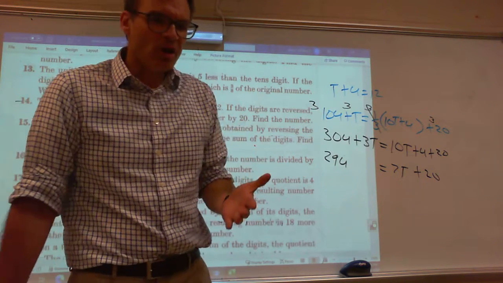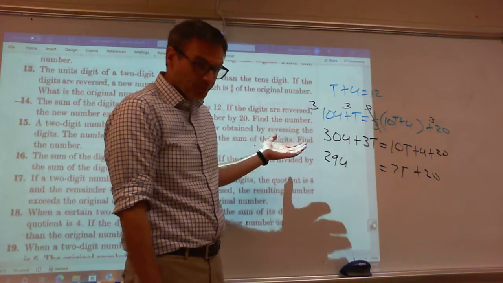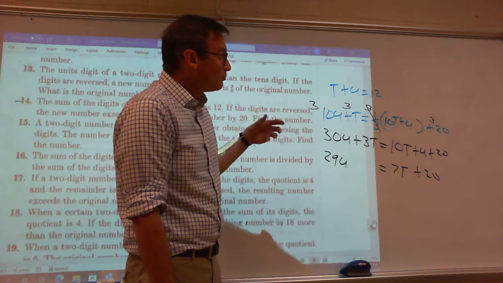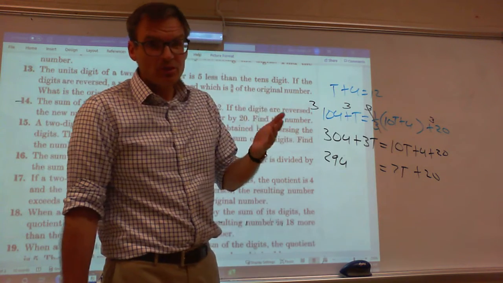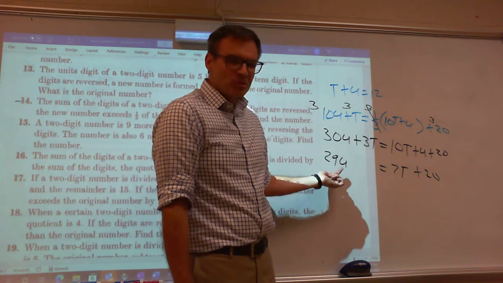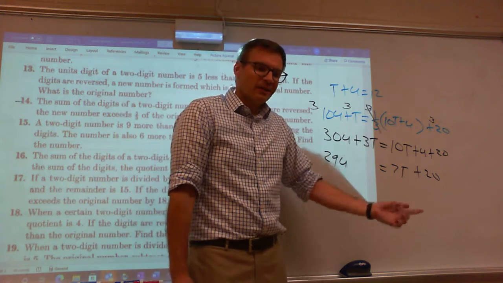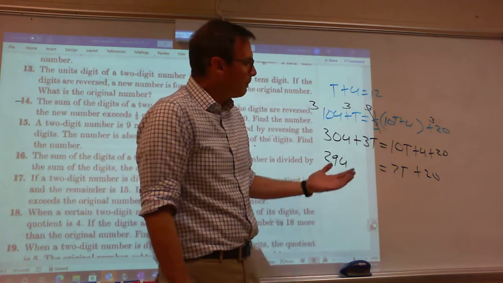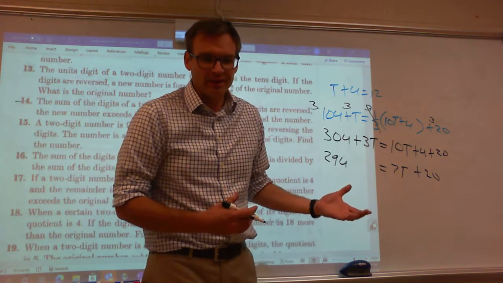So now let's talk about actually going about solving this. I'm going to solve this with substitution. And similar to the example problem, when you do substitution, you're either going to replace the u or you're going to replace the t. And you need to make a decision. If you make a decision at the beginning, your life can be a lot easier.